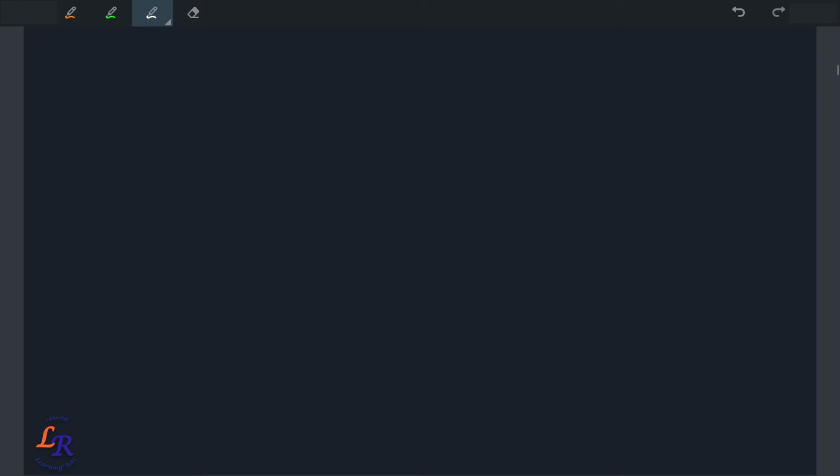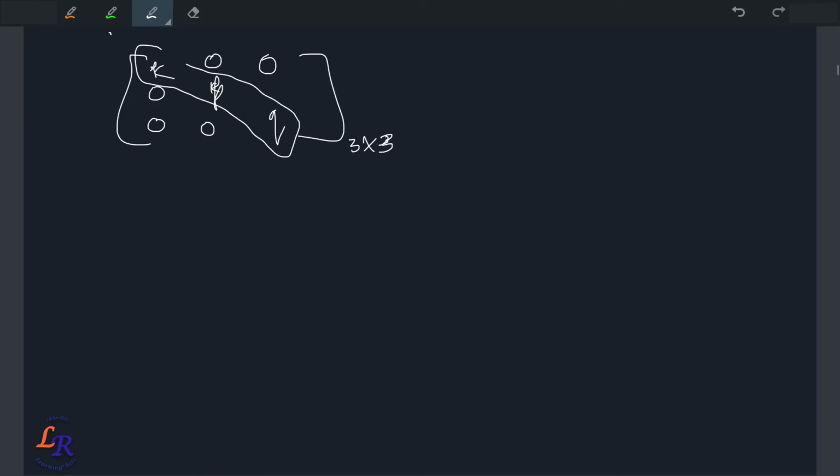Now we had seen what a diagonal matrix is. A diagonal matrix is a square matrix where all the elements other than the principal diagonal are zero. First of all it is a square matrix, so m is equal to n. Let's say it is a 3 cross 3 matrix, and here it can be any number, k, p, q, whatever, but all the rest of the elements should be 0, and this is called the principal diagonal, which will be nonzero.